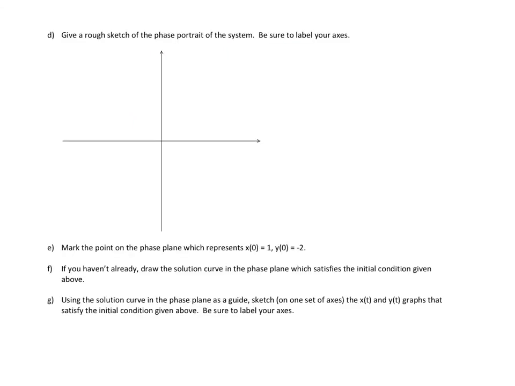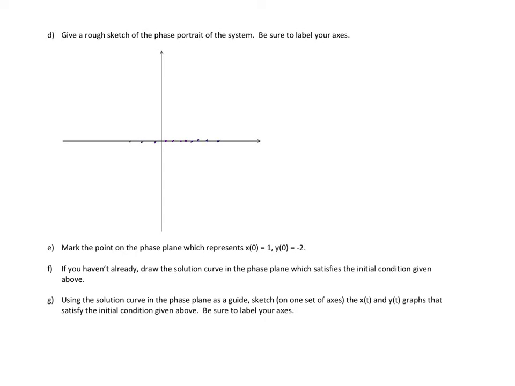Okay, so now we want to give a rough sketch of the phase portrait of the system. The phase portrait captures equilibrium points. So that's the line of dots along the x-axis, all these equilibrium points.